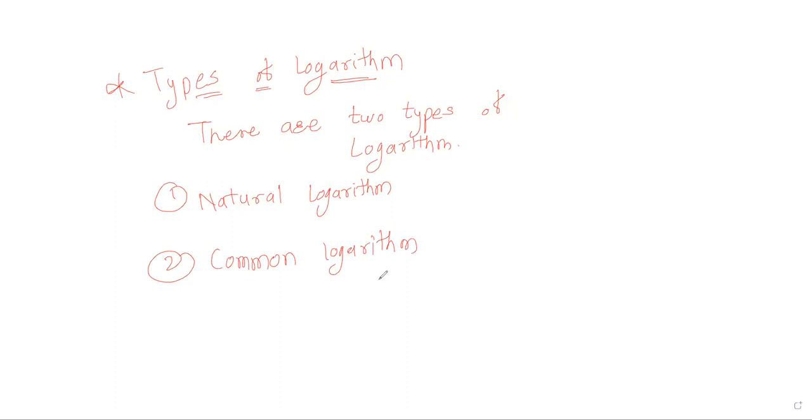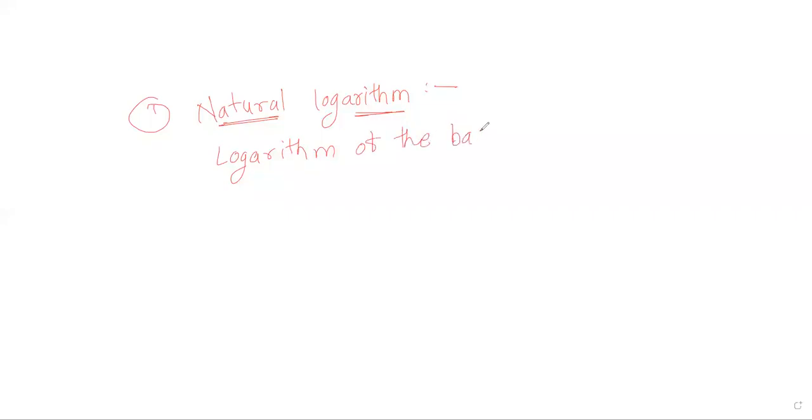Now we are seeing the first type, the natural logarithm. Natural logarithm means what? Logarithm of the base e.